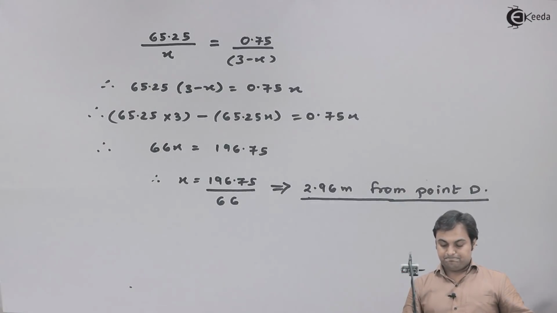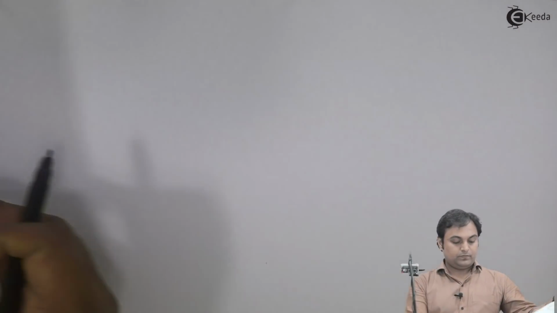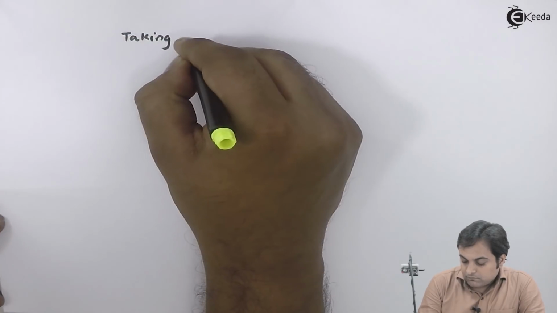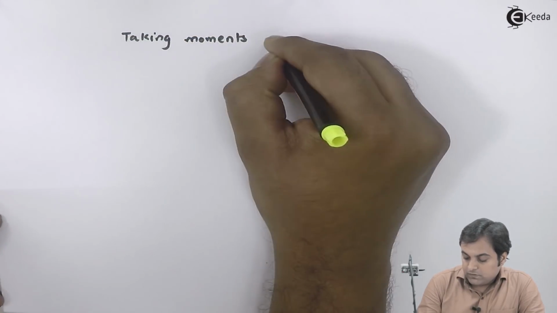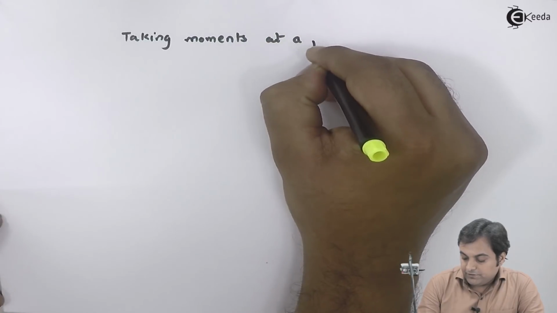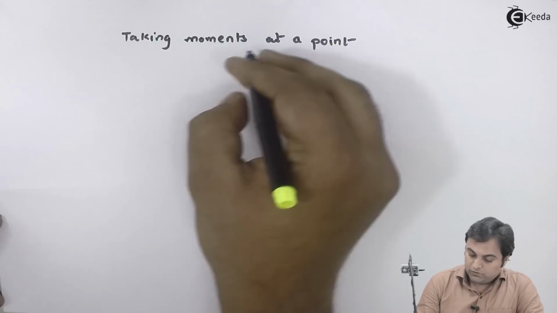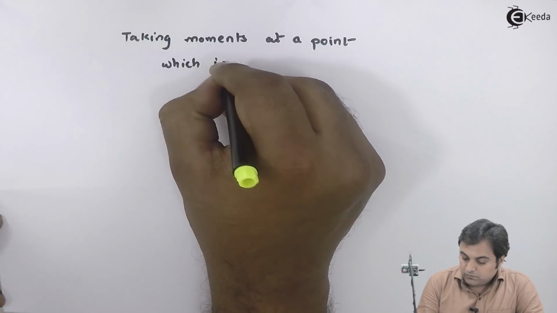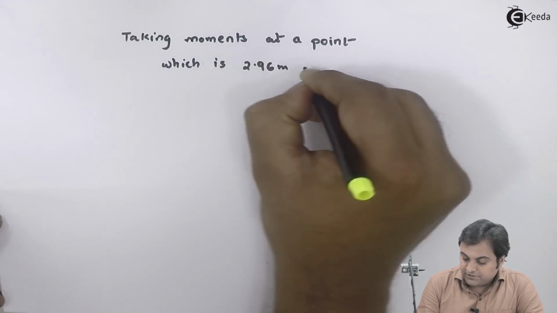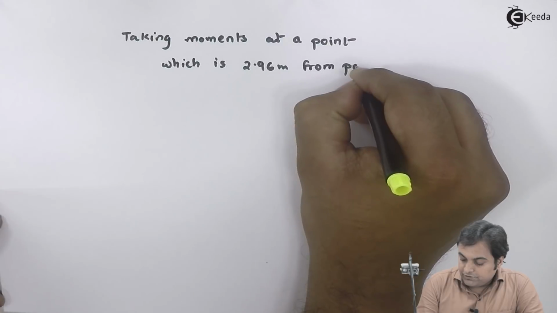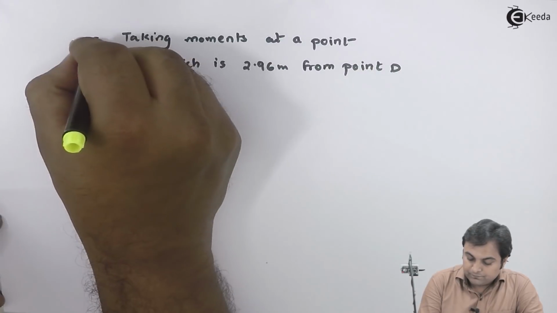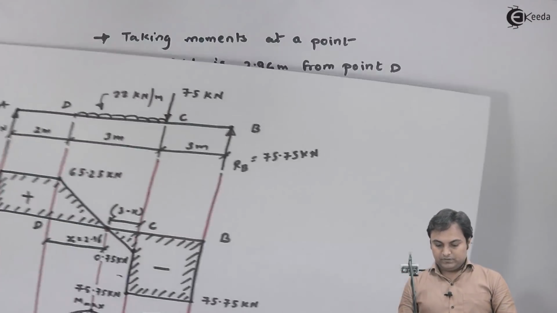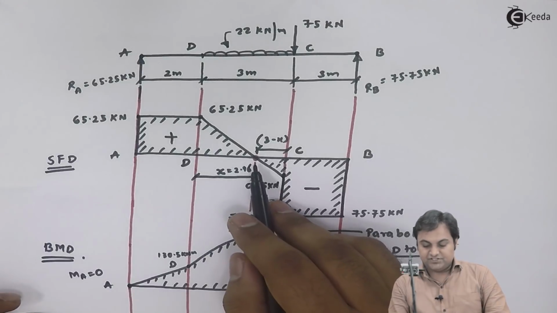So taking moments at a point which is 2.96 meter from point D. Here I'll take the moments at this location where SF is changing its sign.